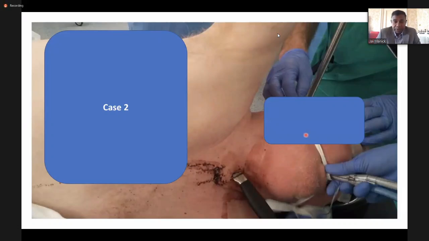This is clearly a tricky case. You can see the knife is still in the neck, and the patient has been intubated straight away. When the patient came here, he was actually talking and stable, lying down, and he wasn't having a stridor, but we intubated him. Is it the right thing to do?